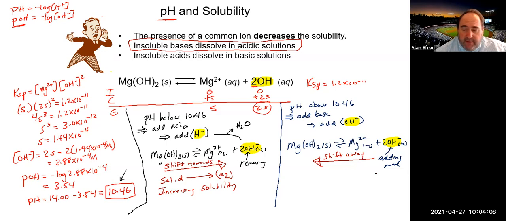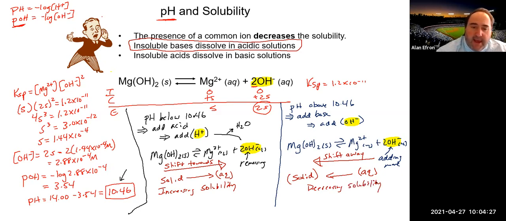When it does, we are now going in a direction of more aqueous ions heading towards more solid being formed. We're actually decreasing the solubility here. Again, by adding that base, we're increasing the hydroxide, going to force the reverse reaction to occur, basically closing down any of that from dissolving, and again, decreasing the solubility of that.